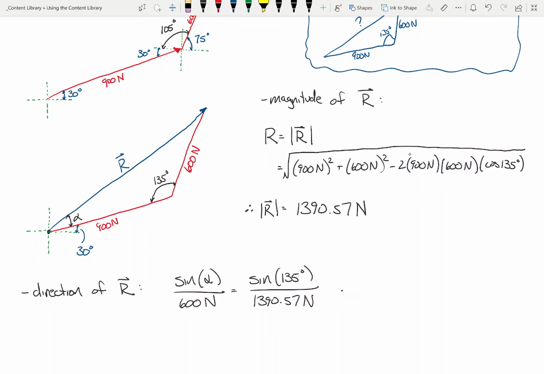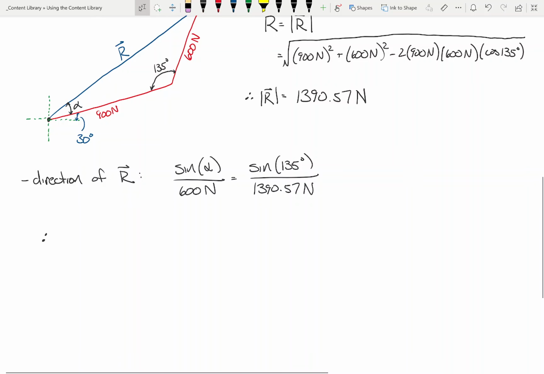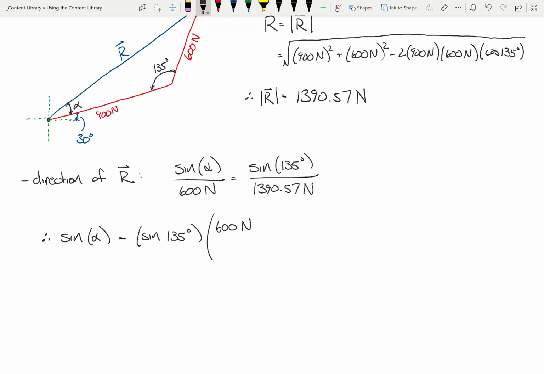So therefore, the sine of alpha equals the sine of 135 degrees times that fraction, right?